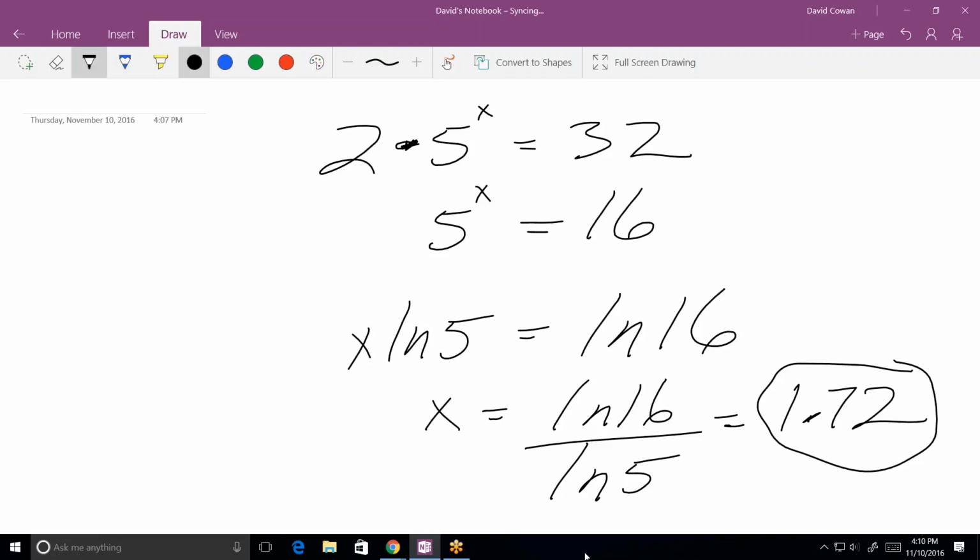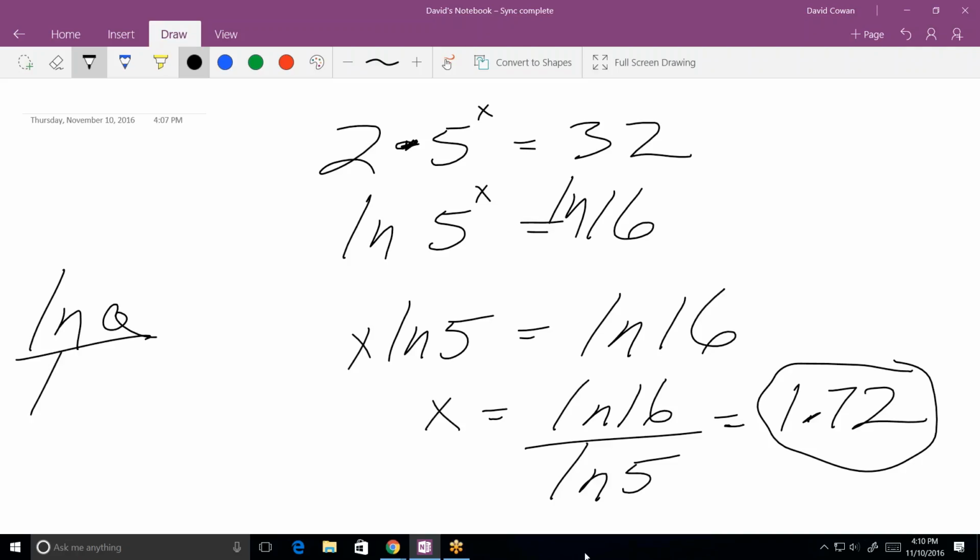And incidentally, when I took the natural log of both sides, I could have actually used common log. I could have used log base 17. Here's the thing about logs that is a bit of an oddity.